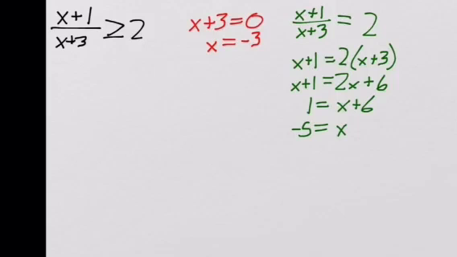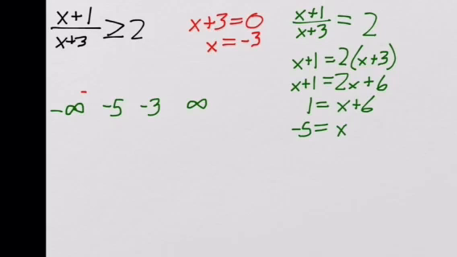So we can now go ahead and, just like we did before, set up negative infinity, -5, -3, and infinity. So now we're just going to choose points and check.